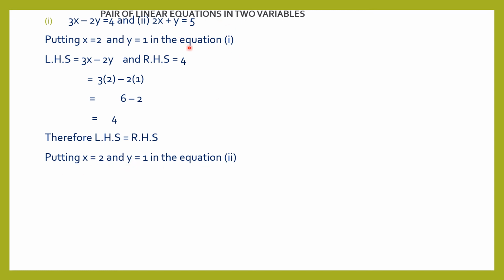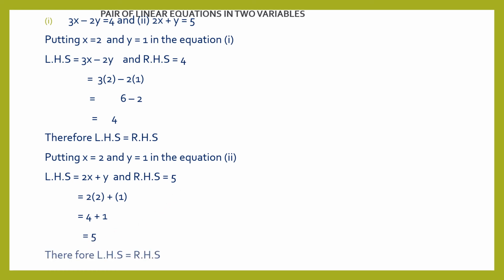Substitute in the LHS place: 2 into x means 2, plus y means 1. 2 2s are 4, plus 1 is 5. LHS equals 5, RHS value 5. Here LHS and RHS are also equal. So x equals 2 and y equals 1 are solutions of the given equations.